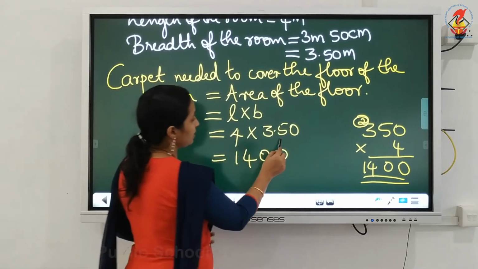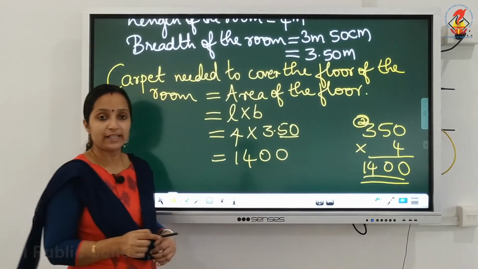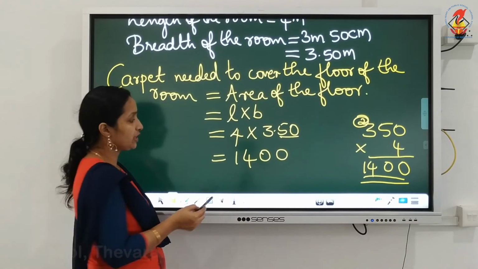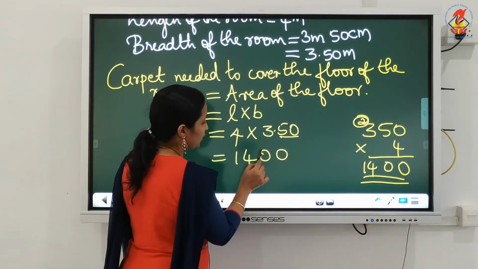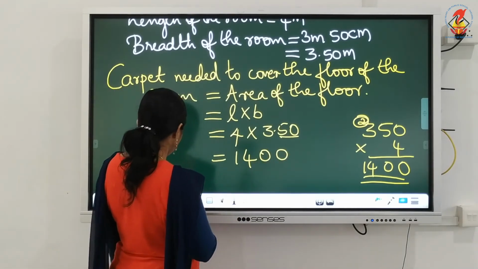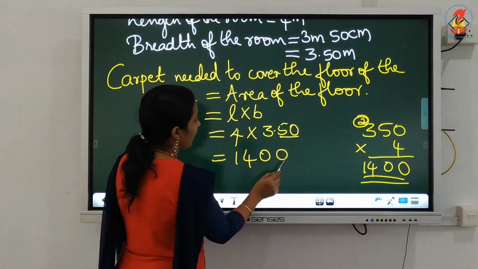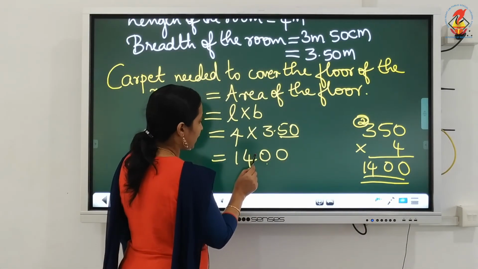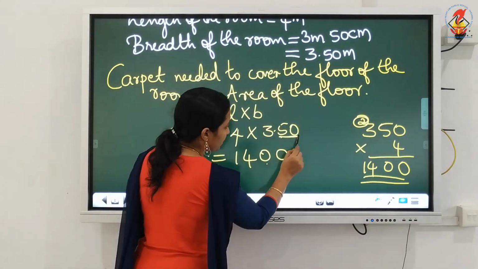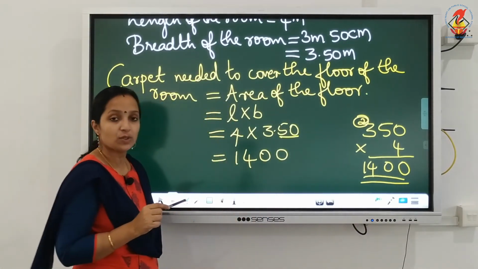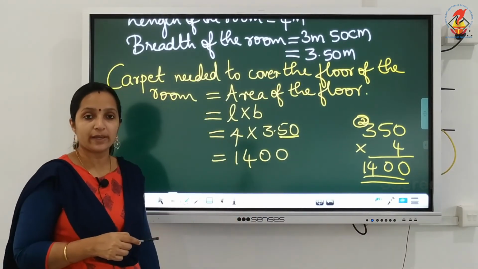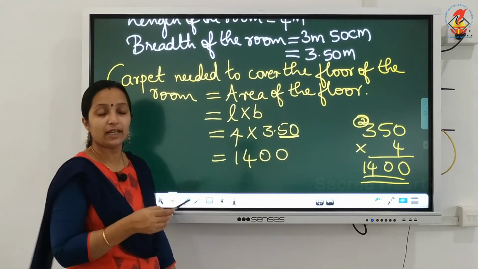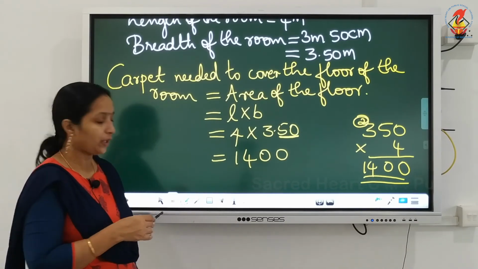How many places are there in the decimal part here? 2 places are there. So what do we have to do, children? From the right side, after 2 digits we have to put the point. So count the number of decimal places in the question, and from the right side that many places you put the point.